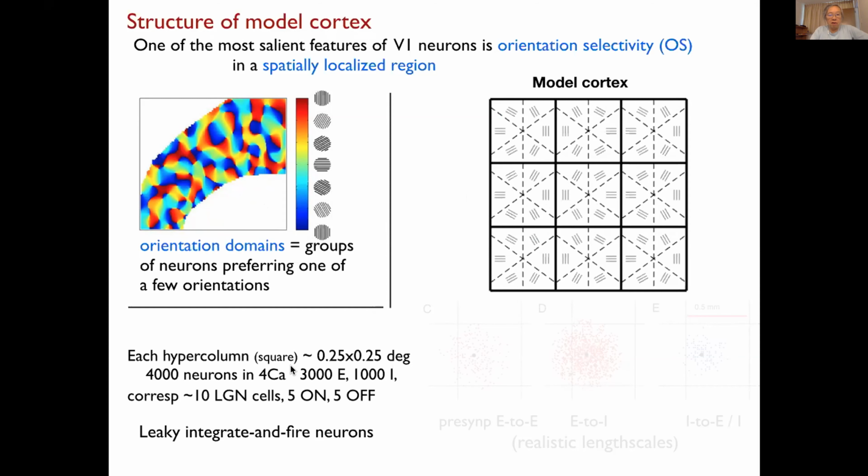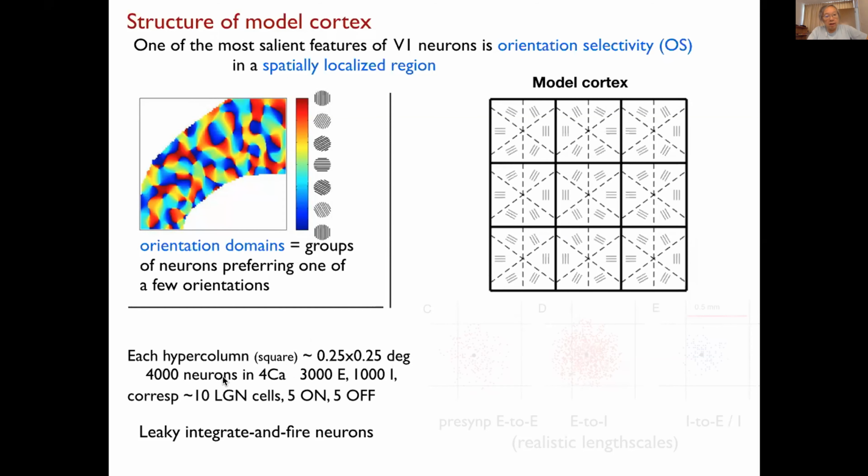Just to give you some idea of the model, which follows real anatomy: each hypercolumn, this is at about 5 degrees eccentricity, fairly close to when you look directly in front of you. Each hypercolumn represents about 1/4 of a degree by 1/4 of a degree, roughly the size of 1/4 of the moon when you look up at the sky.